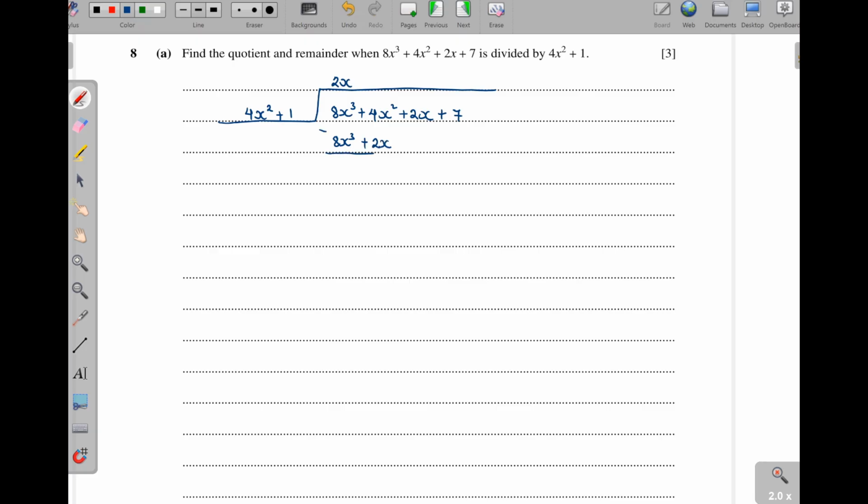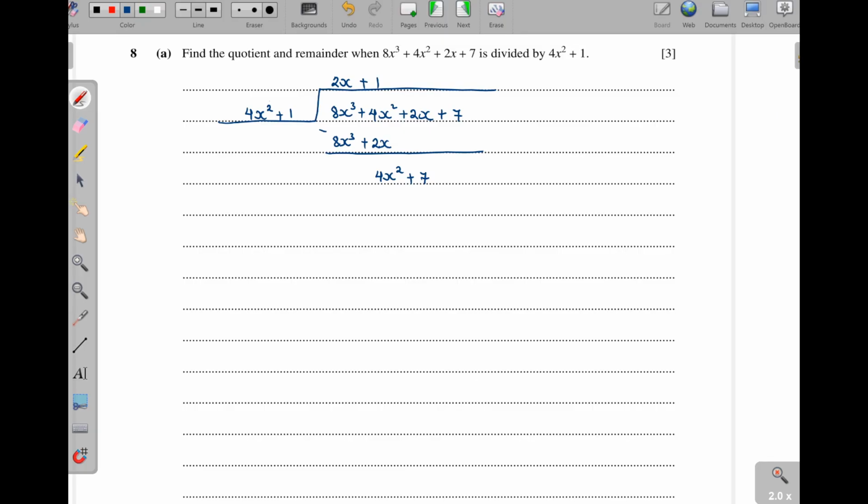Then we subtract. We subtract to eliminate this first one here. Of course, this 4x squared will just go down here. Then 2x minus 2x, that one disappears. Then bring our 7 here. So plus the 7. Now, 4x squared divided by 4x squared, you get a 1. Not so.